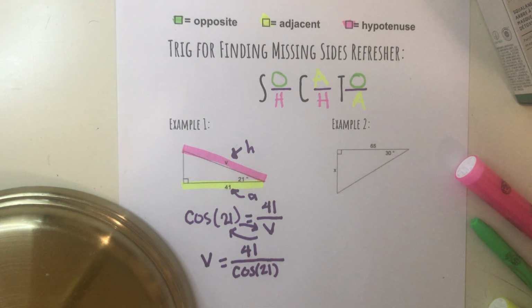So now I grab my graphing calculator, and I write 4. And remember that a fraction means divided by. So I write 4 divided by cosine of 21. I want to make sure that my calculator is in degrees, so let me do that one more time.